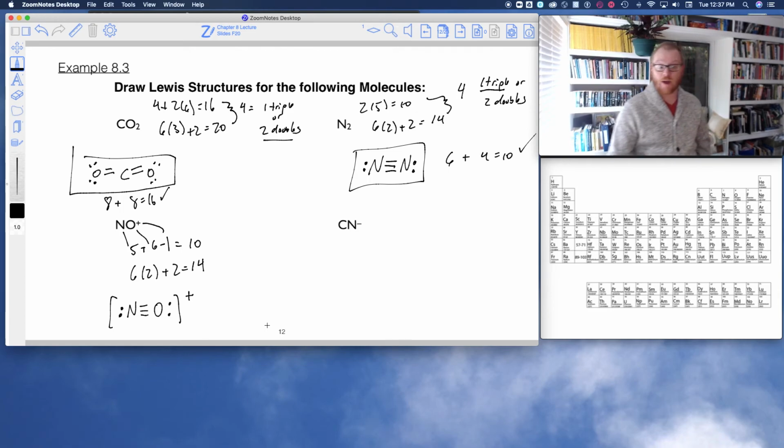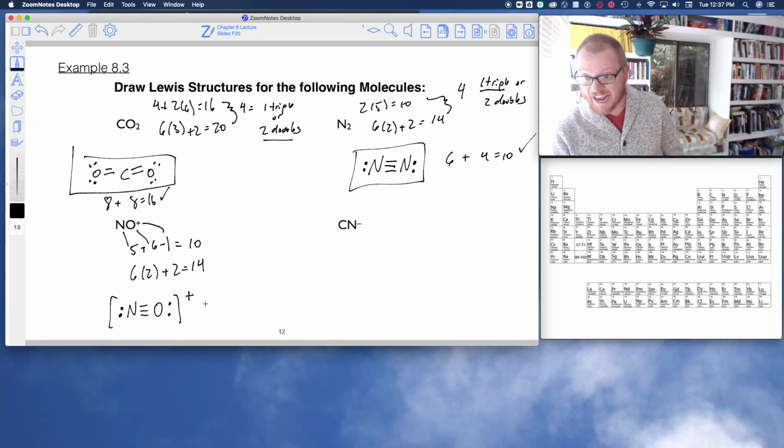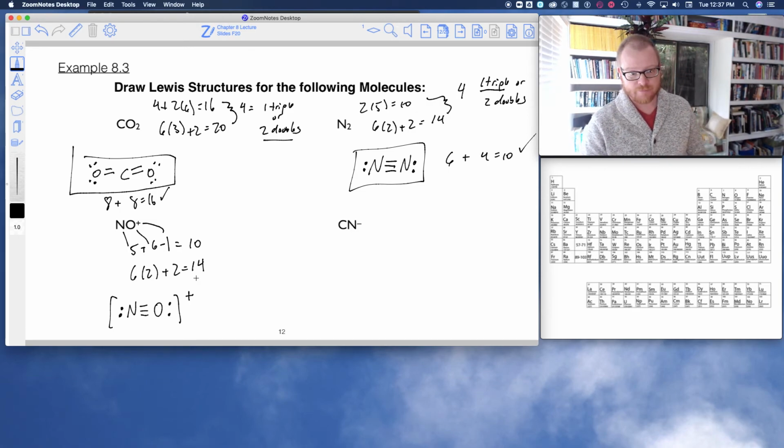Okay, so if it's an ion, whether it's a cation or an anion, we still put the brackets around and indicate that it's an ion.